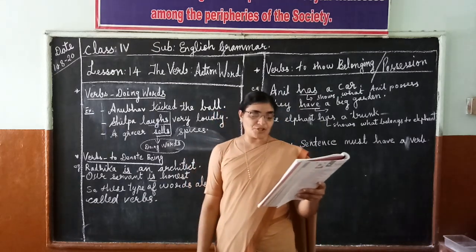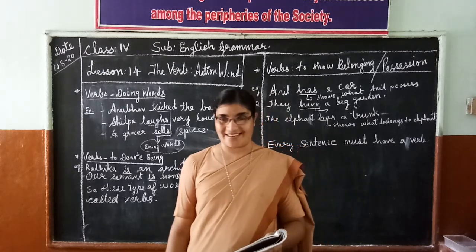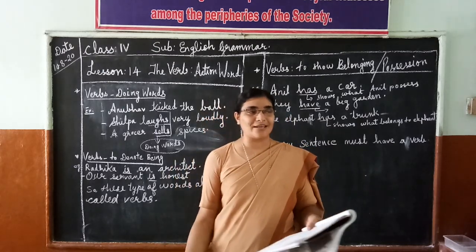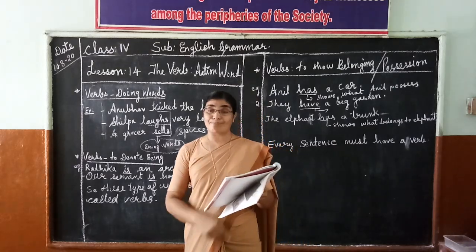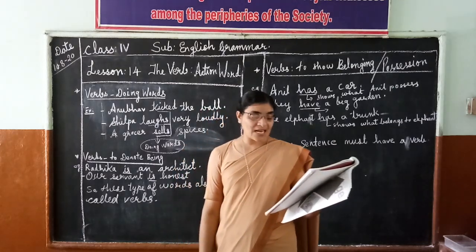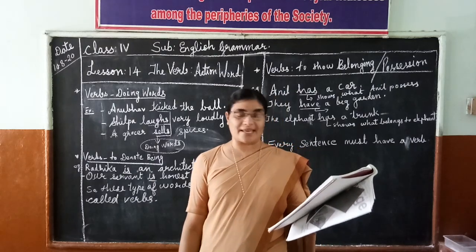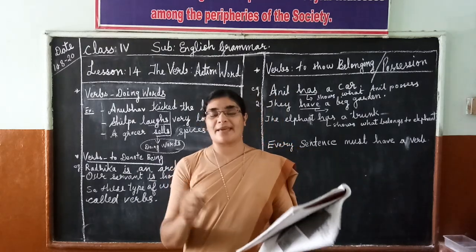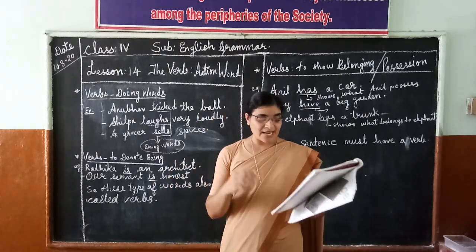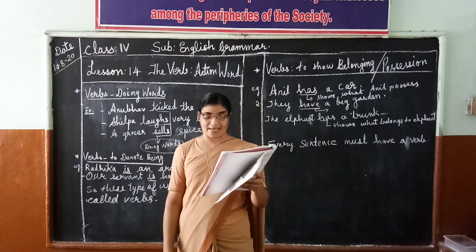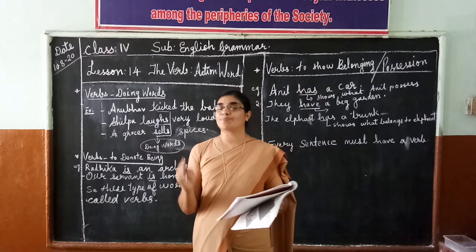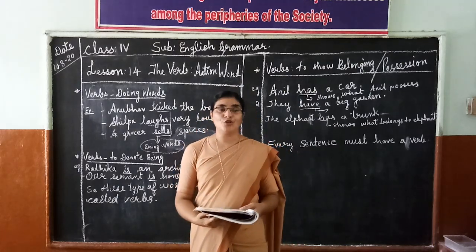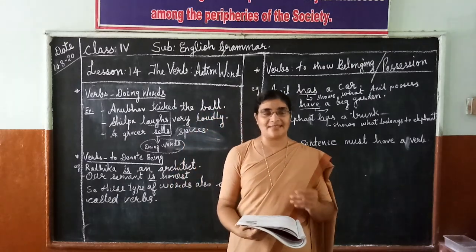"She spoke well in the assembly." Here the verb, spoke, is made of only one word. "She is speaking in the assembly." We have two words, is speaking. "She will be speaking in the assembly." Will, be and speaking: that means more than two words make up the verb in this sentence.